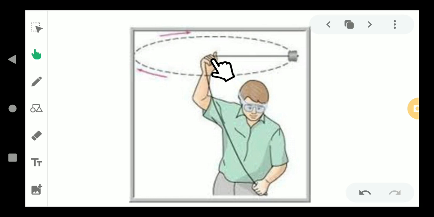The distance from the center point to the stone is equal at all points. That is the main thing we should keep in mind. In circular motion, the distance from the center axis to the end will be the same in all cases.